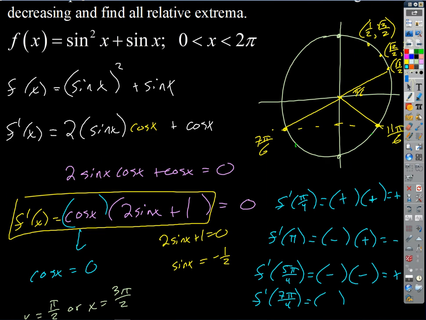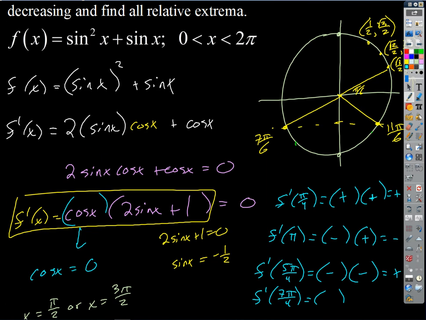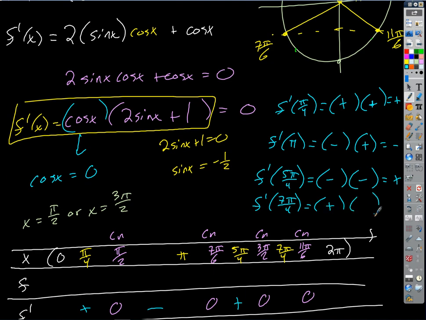At seven-fourths, cosine is going to be positive, right? And we're going to get the same answer here that we got for 5/4, aren't we? The y coordinate is the same at 7/4 and 5/4. Both of those are going to have y coordinates of negative square root of 2 over 2.